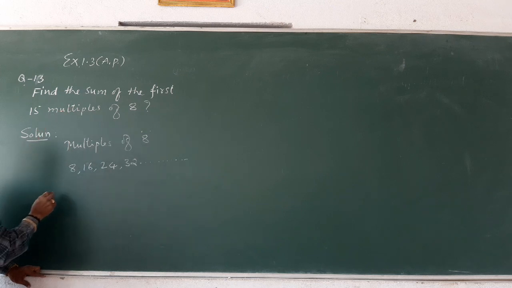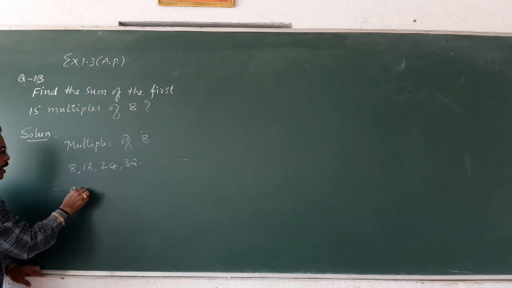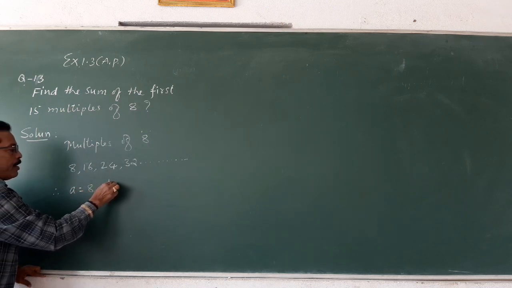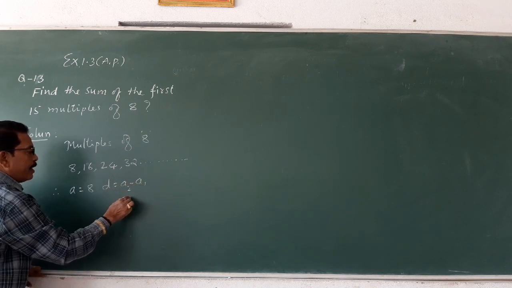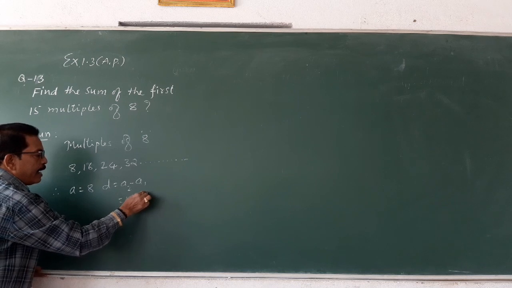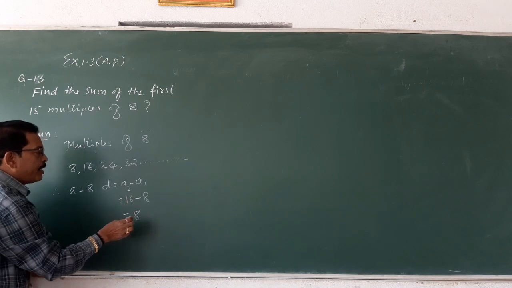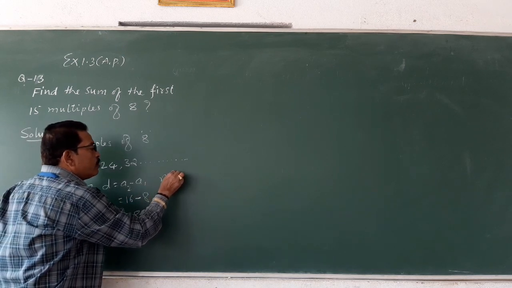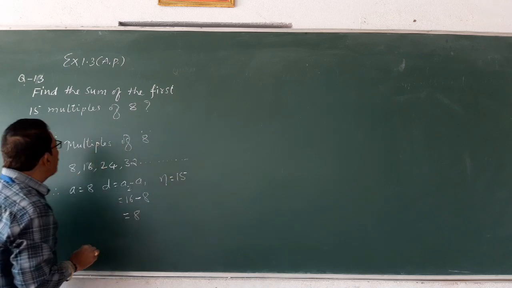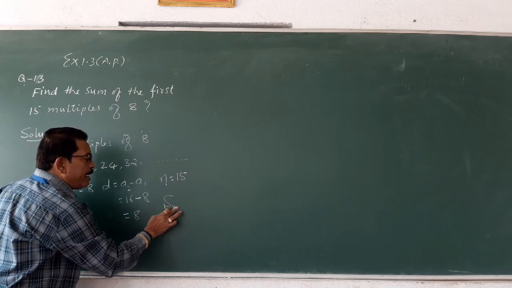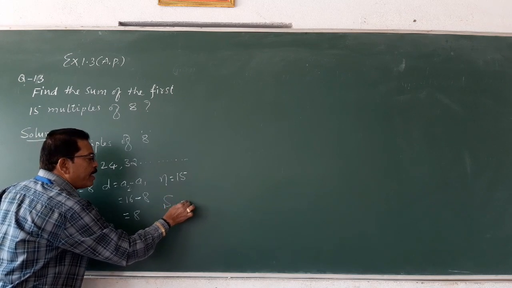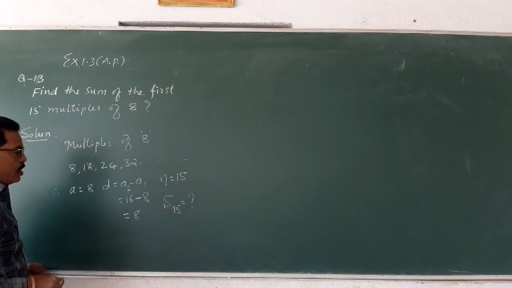multiples of 8. So therefore a equals 8, d equals a2 minus a1, that is 16 minus 8, which is equal to 8. n equals 15, since we want the sum of 15 terms. So we need to find S15 equals question mark.